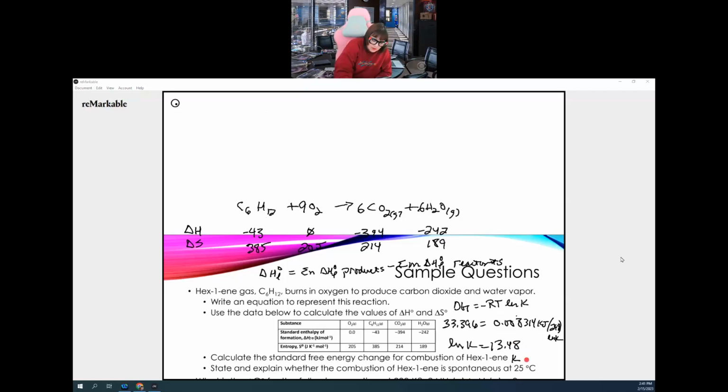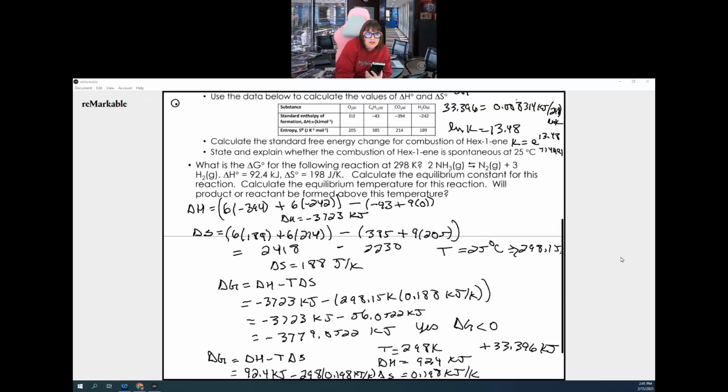K is therefore equal to e to the 13.48. So second e, second answer, and that gives me 714491 as my value for K. Well, that was fun. So now I actually got a value. It's huge, but I got a value.